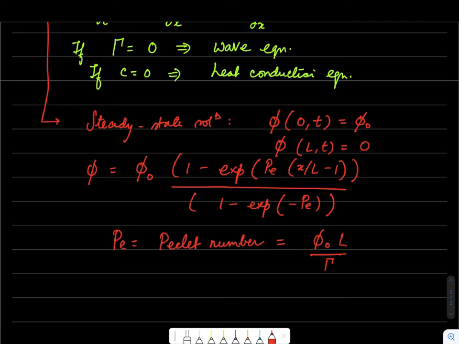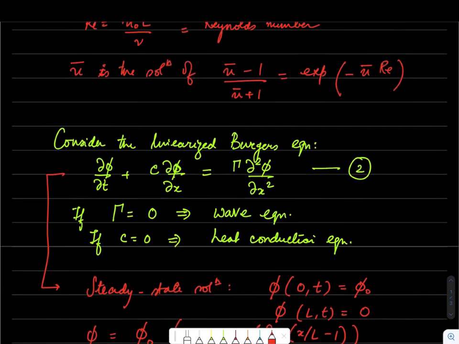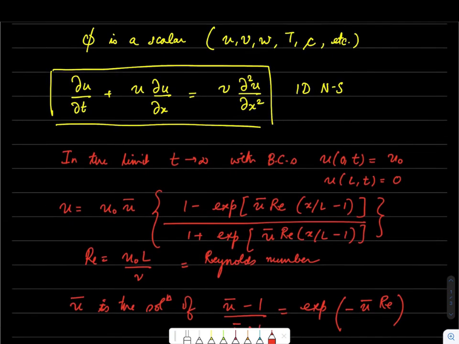In fact, in the next segment of this lecture series, when we look at the finite volume method, the Peclet number would be quite commonly seen there. Anyhow, there is a steady state solution for the linearized Burger's equation, which is quite a clean solution as compared to the nonlinear equation.